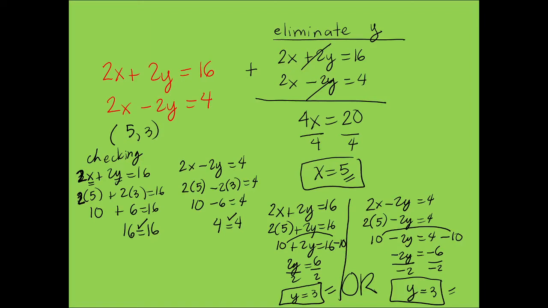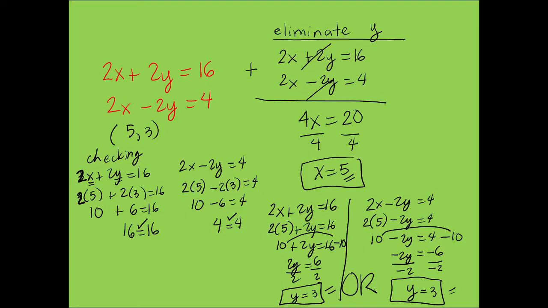Okay, I'm going to permit that. But next time, when you do the checking, it should be both equations. Okay? I will not be strict on that. But next time, when you do the checking, it should be the 2 equations, okay?